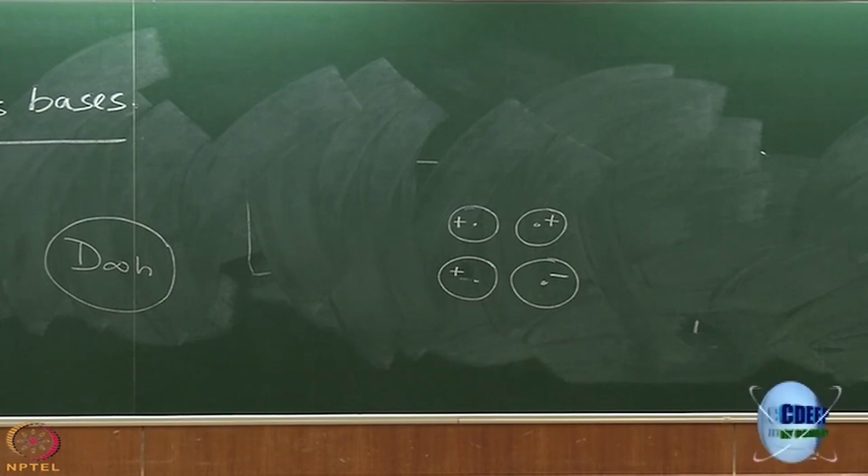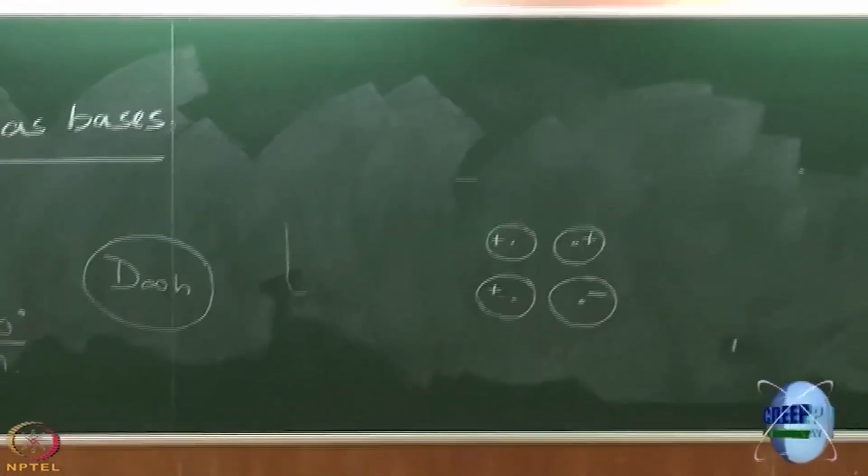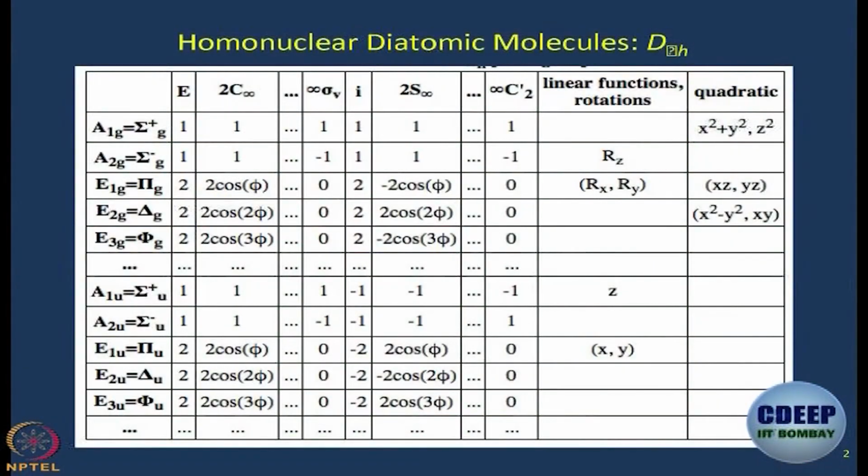With respect to C infinity, is the character 1 or minus 1? The bonding orbital character is 1. With respect to sigma V, is the character plus 1 or minus 1? Plus 1. With respect to I, plus 1. S infinity, C2. Everything is plus 1, right? So, it belongs here, sigma G plus, right? So, what I do is I call it the sigma G plus orbital.